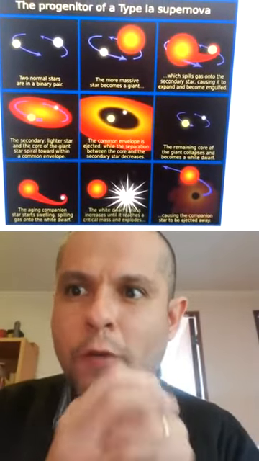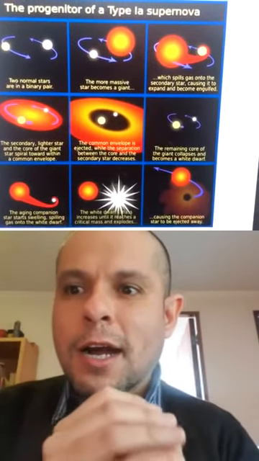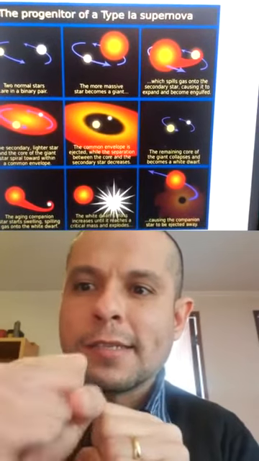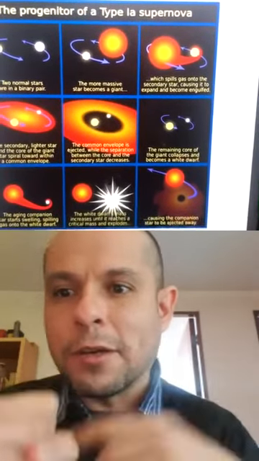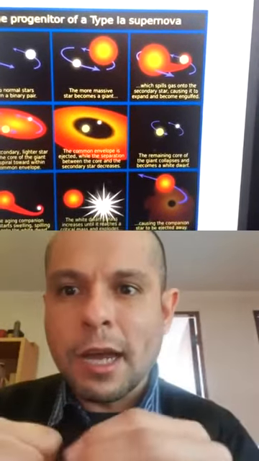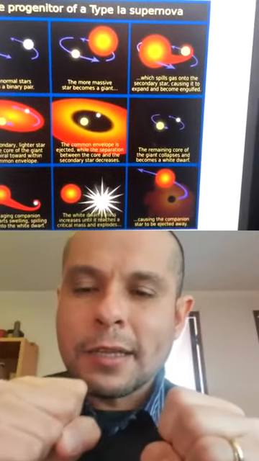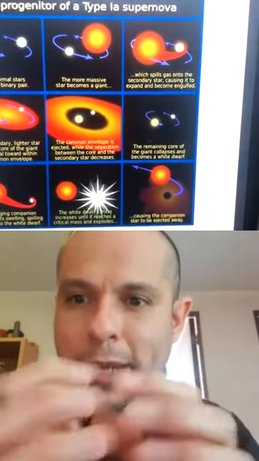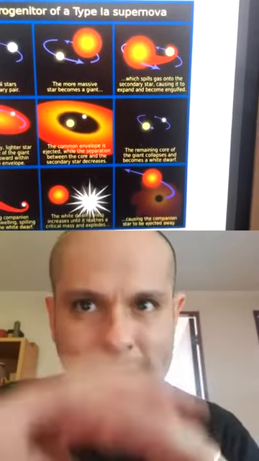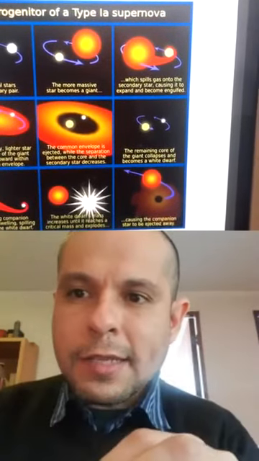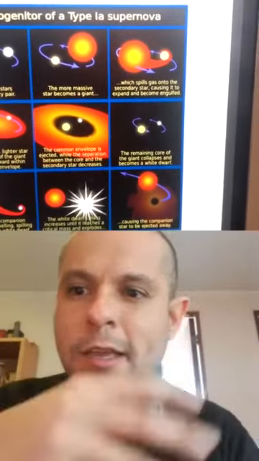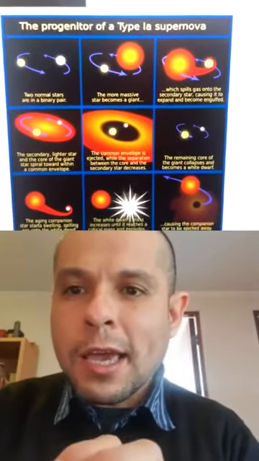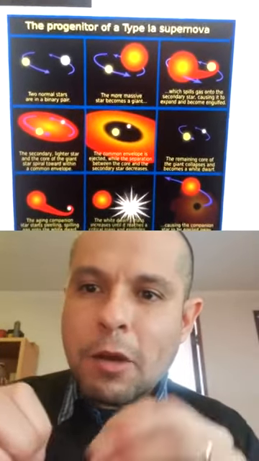It's like the core of a low mass star, and these stars sometimes have a companion, a binary system. The white dwarf is very dense, very compact, actually about the size of the Earth, more or less. It starts to feed from the material that the companion has formed.